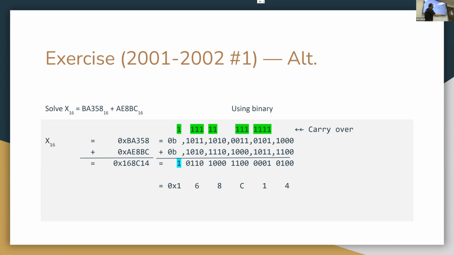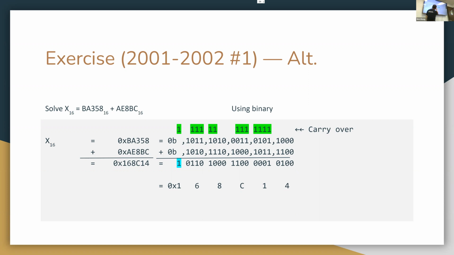right? So in binary, 0 plus 0 is 0, 0 plus 0 is 0, 0 plus 1 is 1, right? It's easy. But now 1 plus 1 is 10, right? So we write the 0 down and put 1 to the next digit, right?